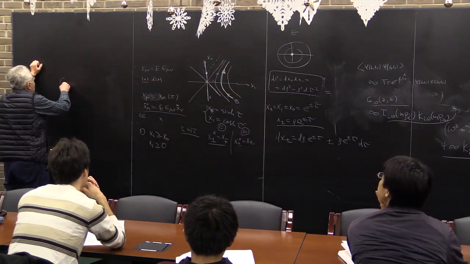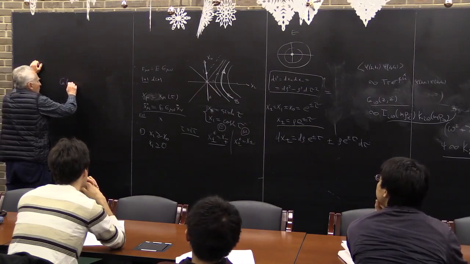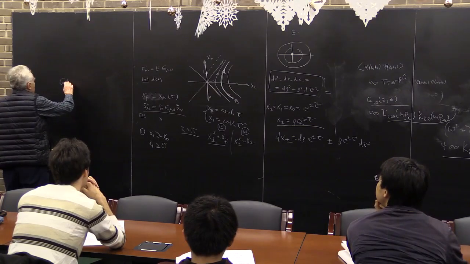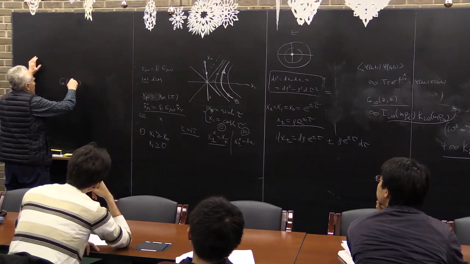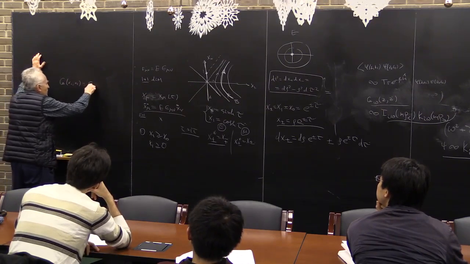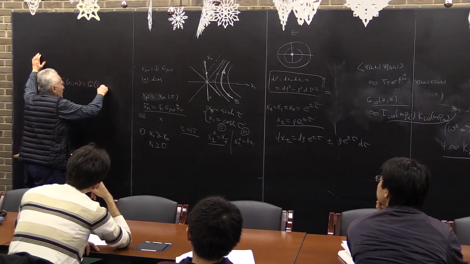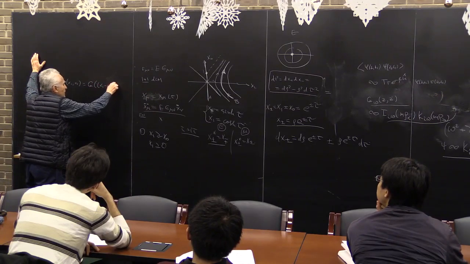Therefore, it is described by the Green function. When we have the Green function, it will be simply the function of the interval (x1 - x2)^2.